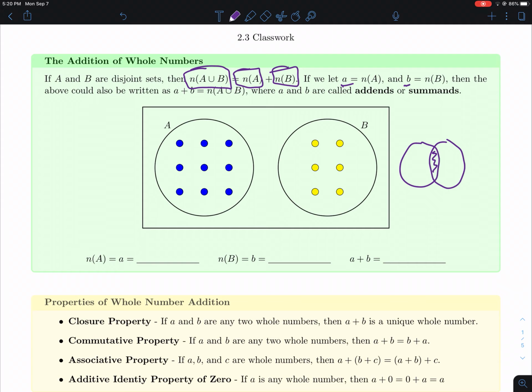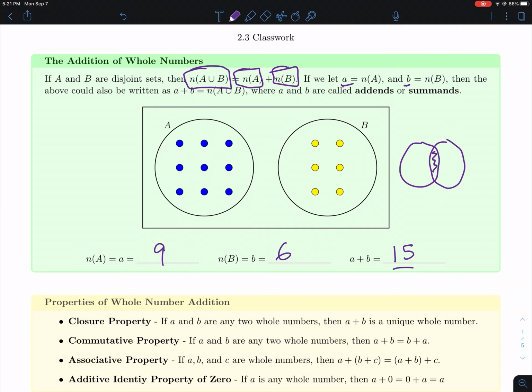So in this case, the number of elements in set A are 1, 2, 3, 4, 5, 6, 7, 8, 9. So we've got 9 elements in set A, and we've got 1, 2, 3, 4, 5, 6 elements in set B. And again, since these are disjoint, to add these up, I just add the number in A plus the number in B, and then that gives me 15 total.